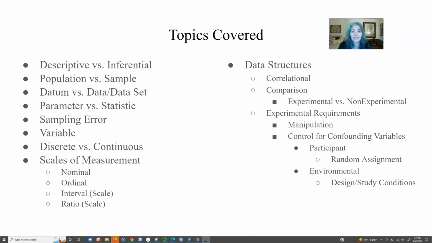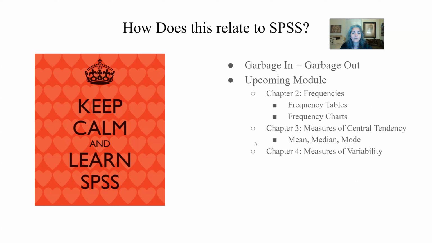Like, let's say we want to study aggression level between different gender identities. Well, we don't assign their gender identity. They come to us with gender identities. So that's a non-experimental study, but I'm still doing a comparison of aggression levels across the different gender identities. So I hope that makes sense to you. But that's the general overview of what we've covered in this particular class.